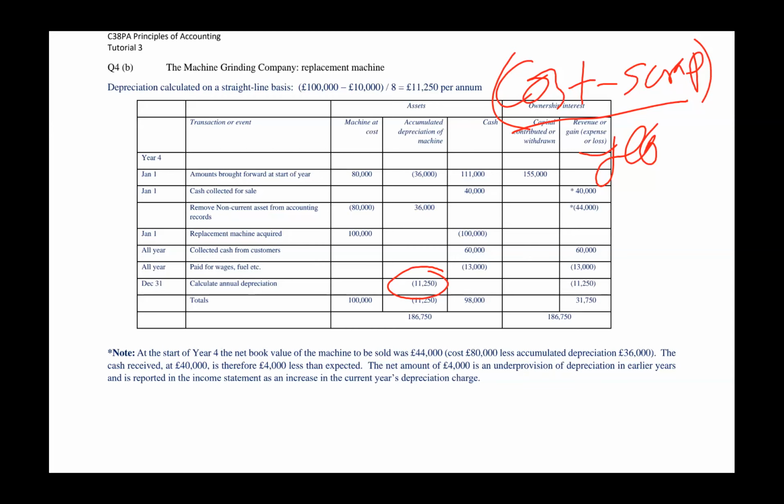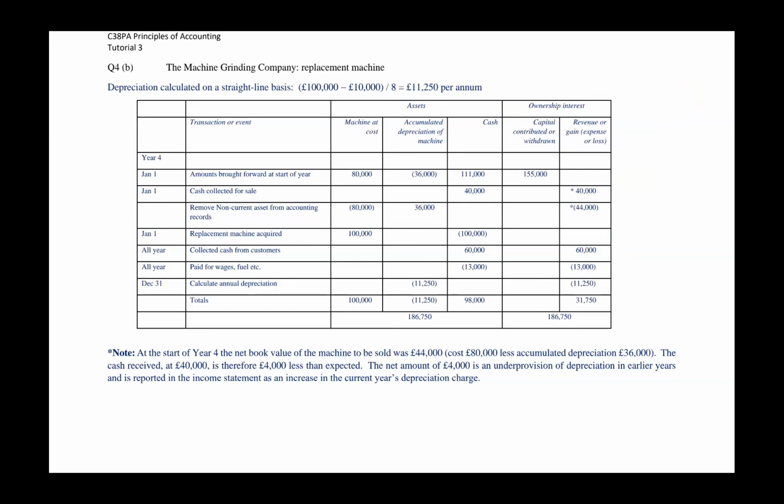So 100,000 minus the residual value, which was 10,000, divided by 8, which is 11,250. That's where this value came from. I'm hoping you're now getting it. So that's our depreciation.